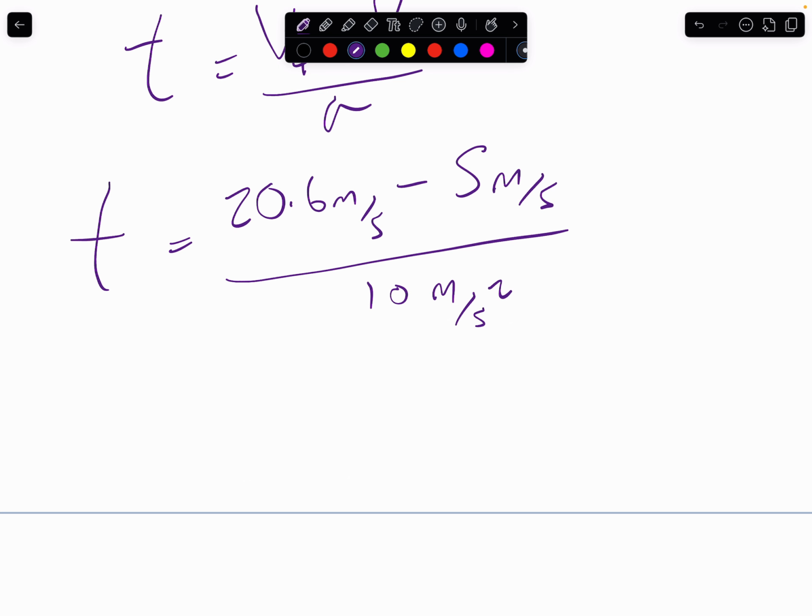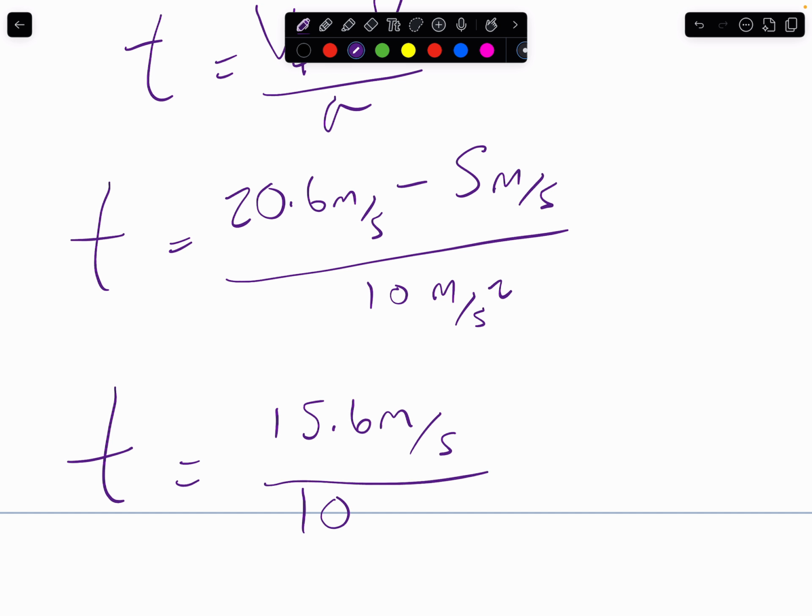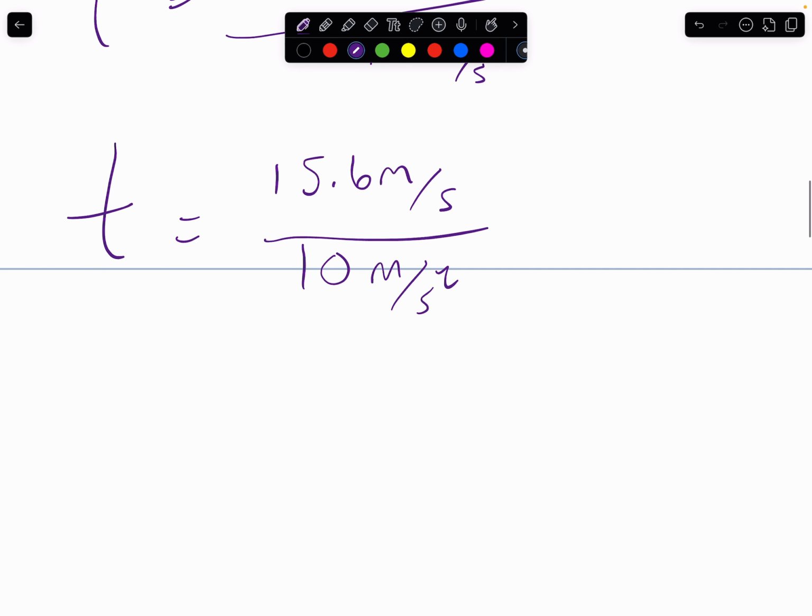Okay, so 20.6 minus 5 is 15.6 meters per second, divided by 10 meters per second squared. 15.6 divided by 10 is 1.56.